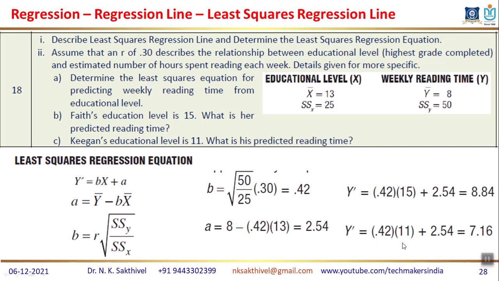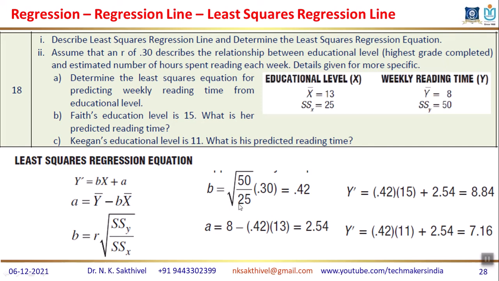So from this least square equation, predicting weekly reading, what are the parameters I calculated? a is calculated, b is calculated, and r is given.